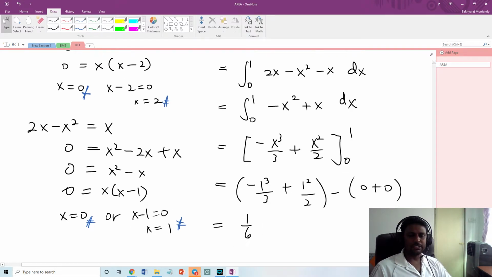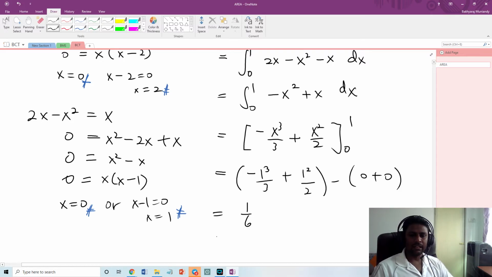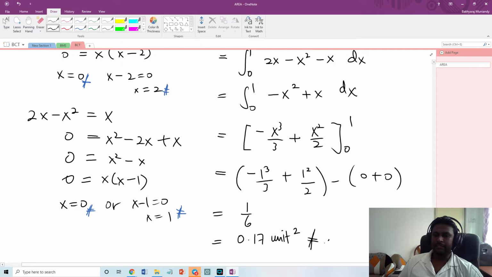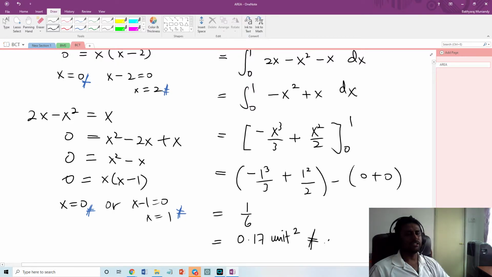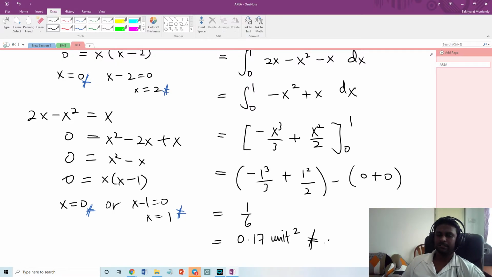Okay, 1 over 6 we change to decimal, so we'll get 0.17 unit square. Okay, 0.17 unit square. So this is what the answer goes.